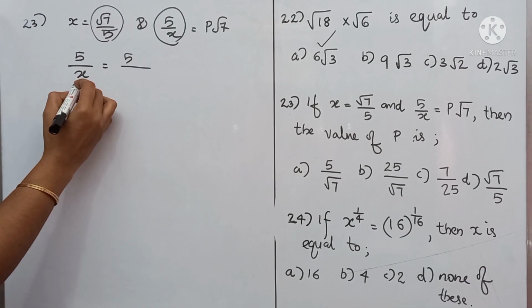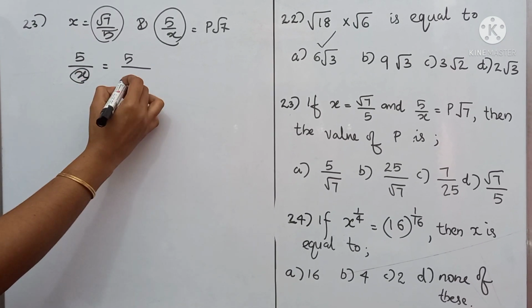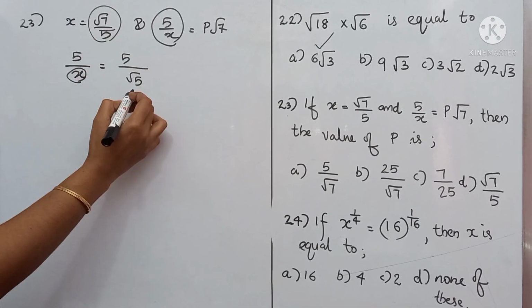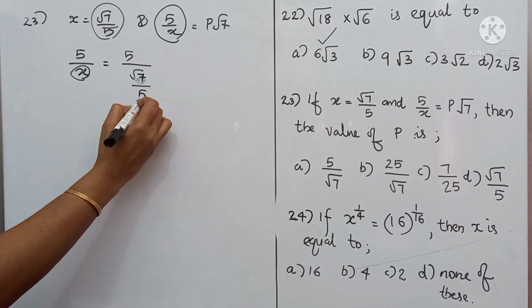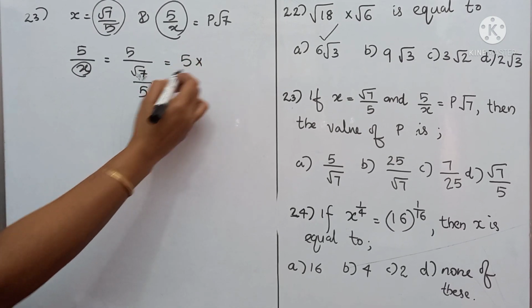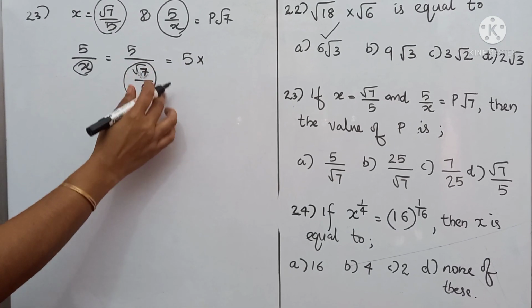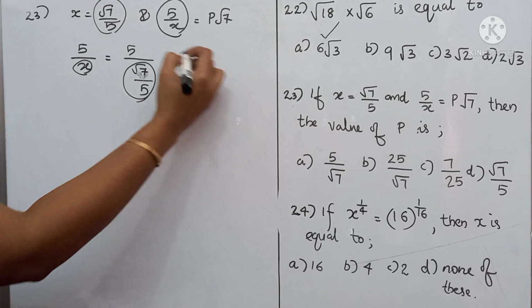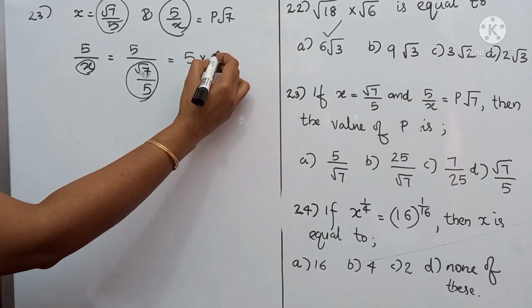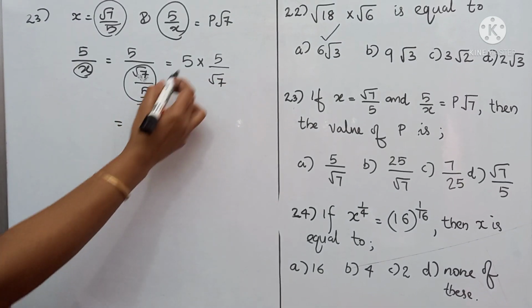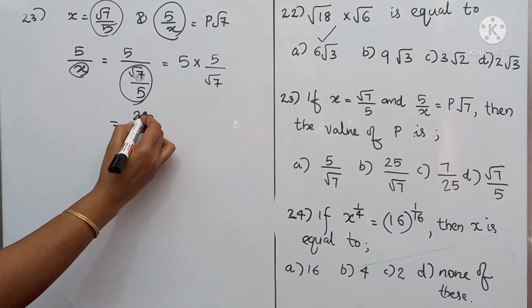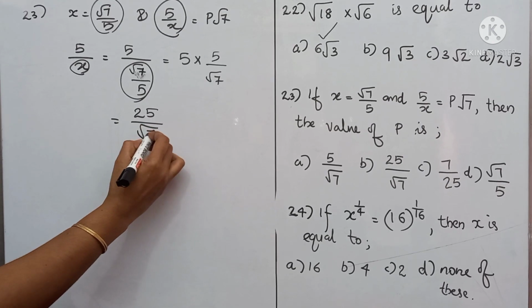So we have to substitute root 7 by 5 for x. That is equal to 5 into, we multiply by the reciprocal of root 7 by 5 for dividing by it. So here it will come 5 divided by root 7. That is equal to 5 into 5 is 25 divided by root 7.